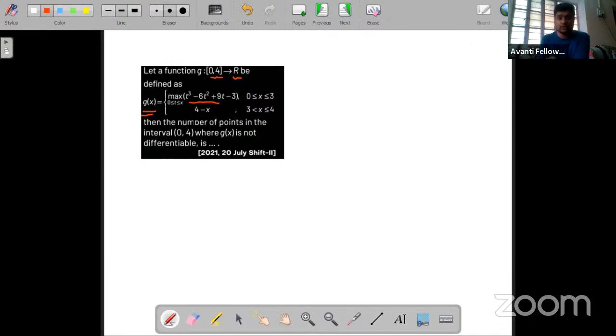So first of all, we'll draw this simple graph. We'll draw this graph in [3, 4]. So these are my coordinates from 3 to 4. Okay. So this is 3, this is 4. On 4 it is closed, on 3 it is open.